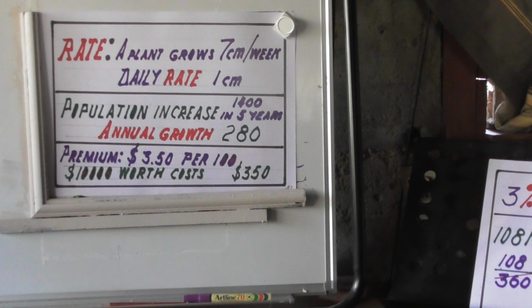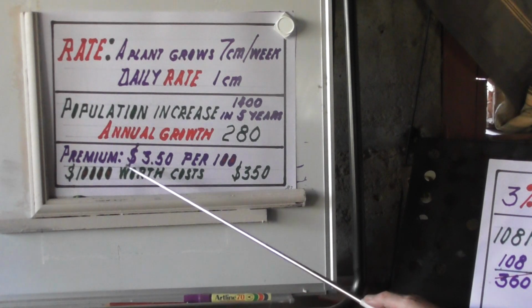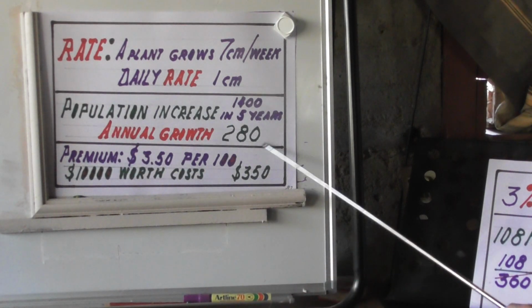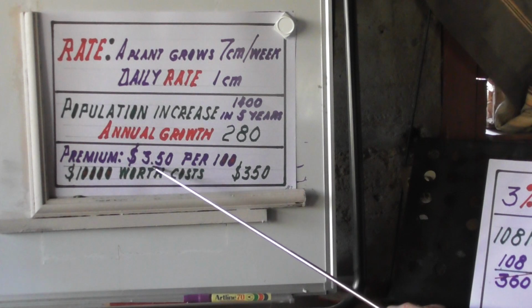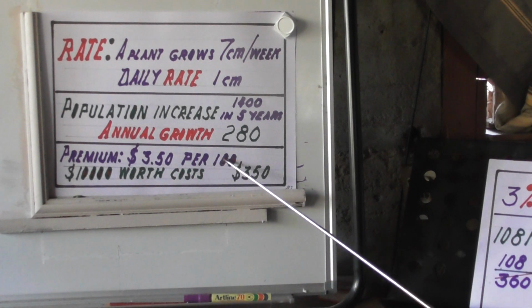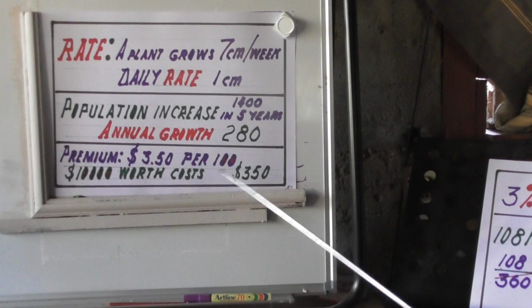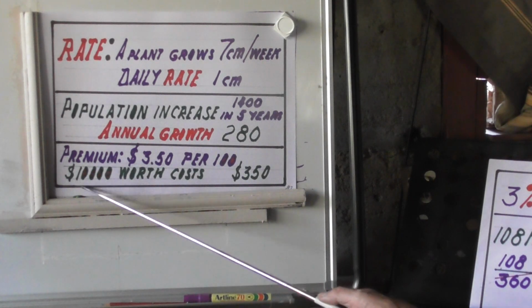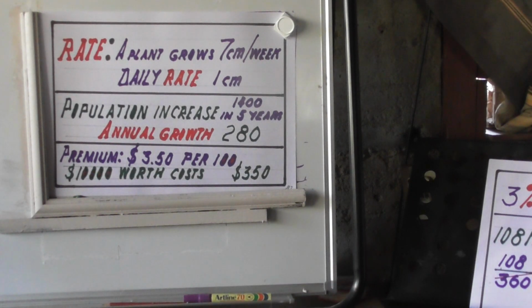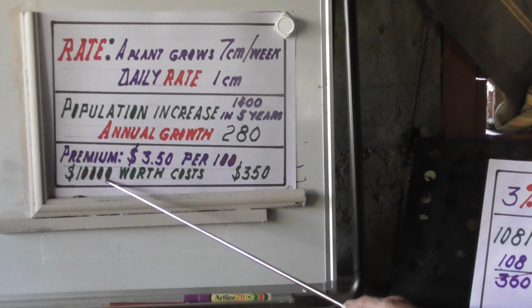Premium. If you go to insure your car or your house, they have a list. And for whatever this is, you pay $3.50 per 100 units. Or per $100. Now if you have something worth 10,000, that is 100 times bigger.